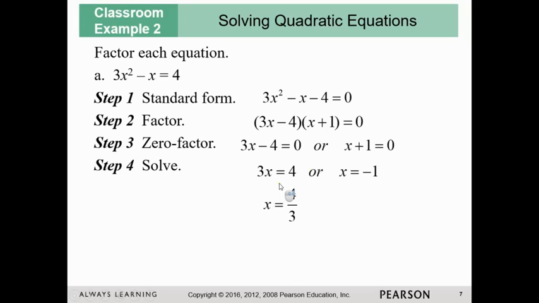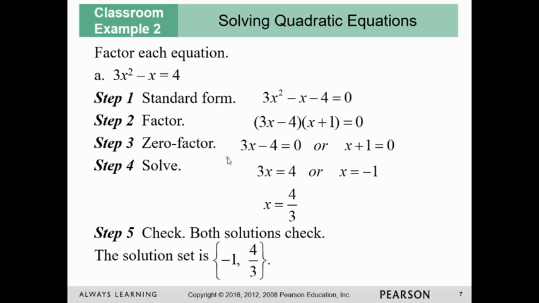And then there's one more step for the one on the left: we would divide both sides by 3. Then we would check our solutions in the original equation, and then put them into our solution set using set notation. -1, 4/3 is our solution set.